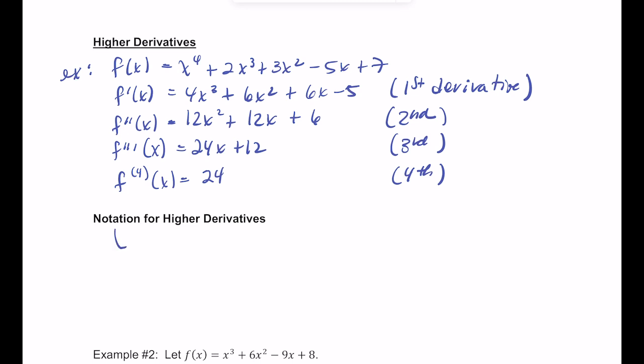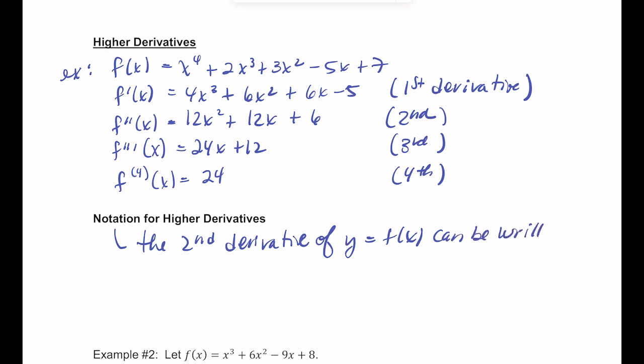So some notation, the second derivative of a function f of x can be written in the following ways. So using the notation I showed you, we would have f double prime of x. You could also write it as d squared y over dx squared.